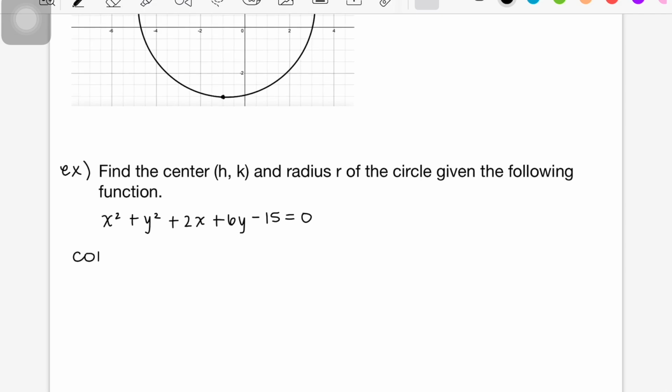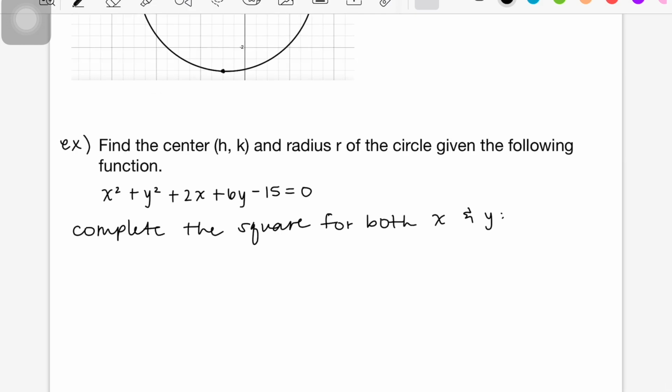So we'll complete the square. And in this case, we're going to need to do it separately for our x terms and our y terms. So what I mean is, first we will move this constant to this side, so we're just dealing with x and y terms on the left-hand side.